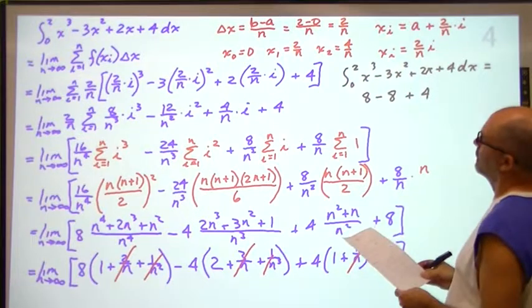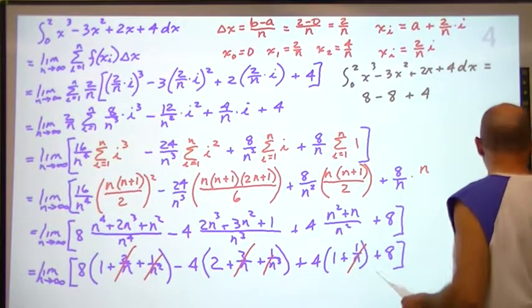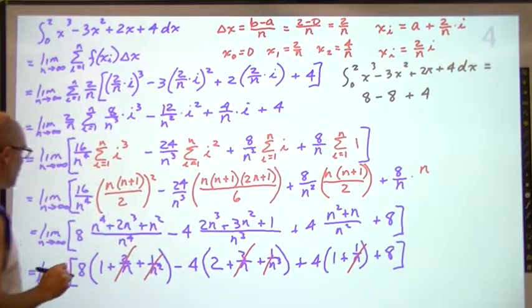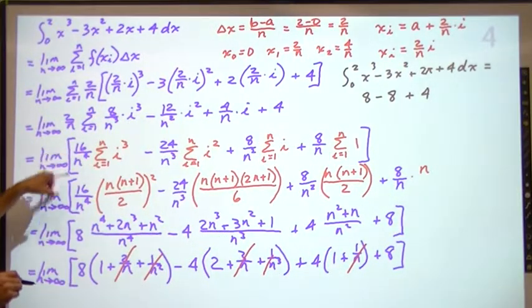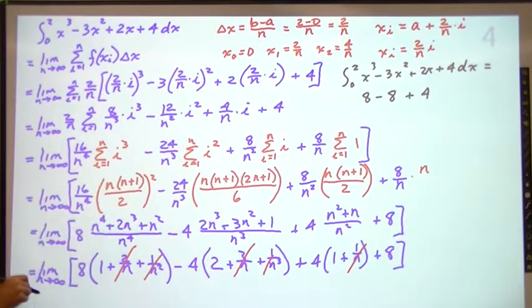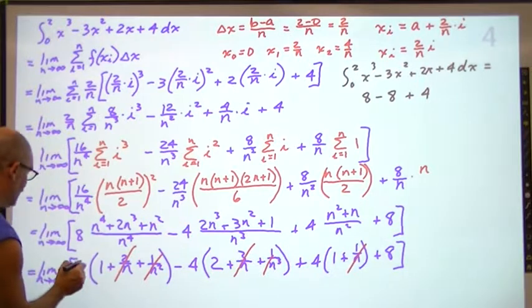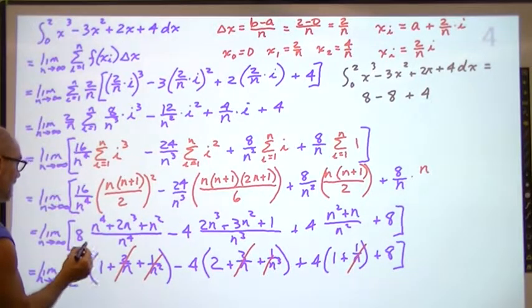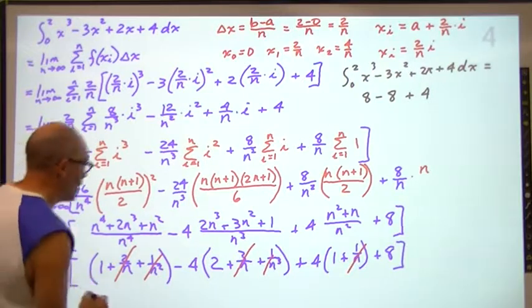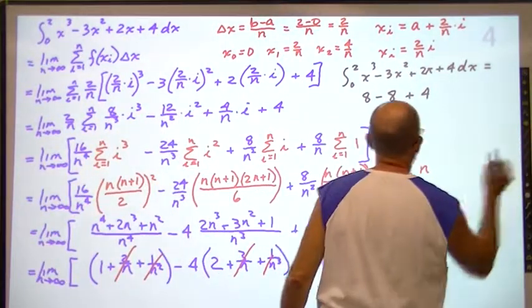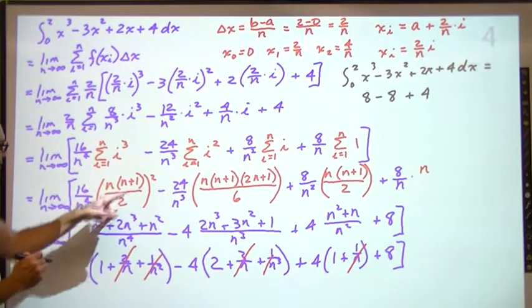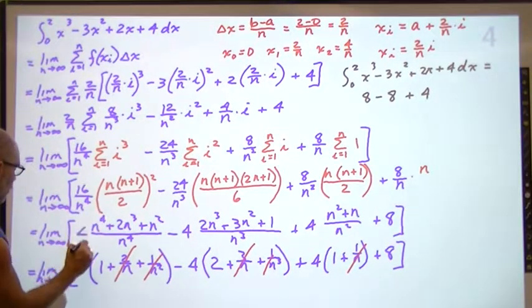Oh, rats! I made the same mistake again. Made that mistake before when I was working this out. Notice, this is 16 over 2 squared. So this is not an 8. This is not 16 over 2, it's 16 over 4, which is 4.